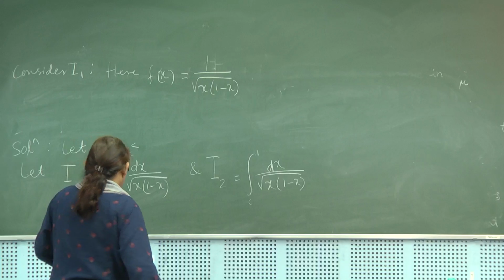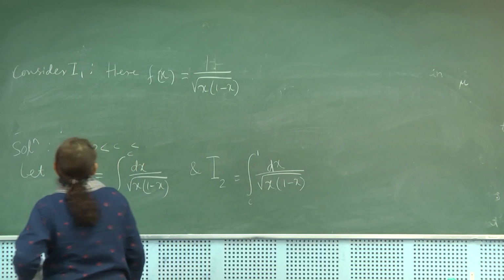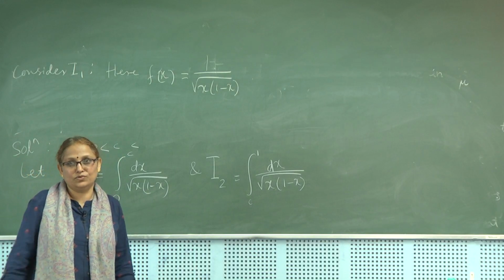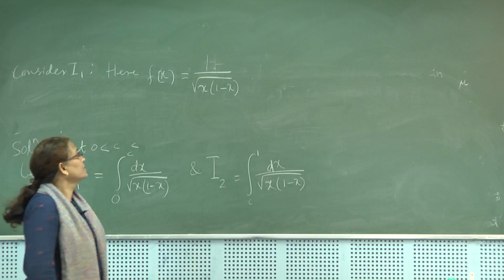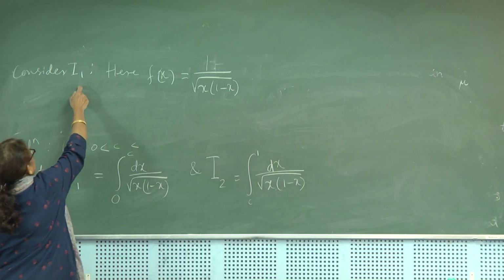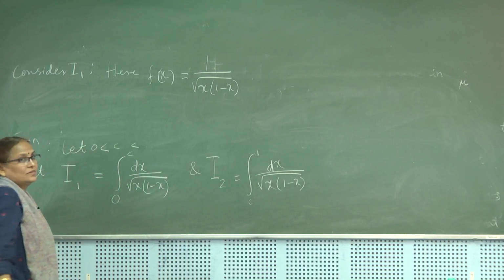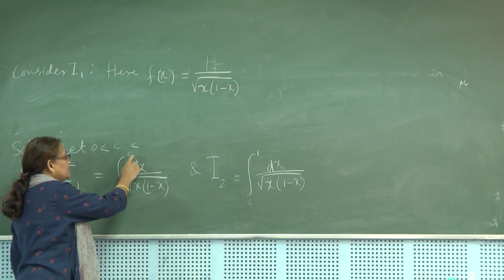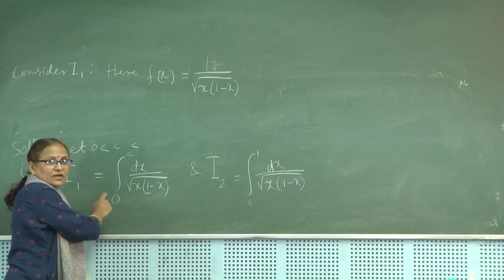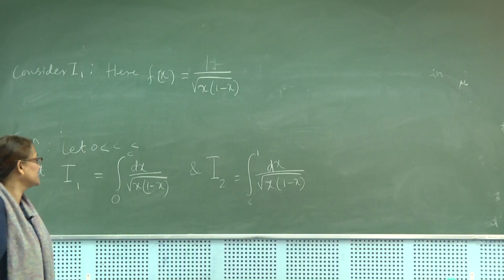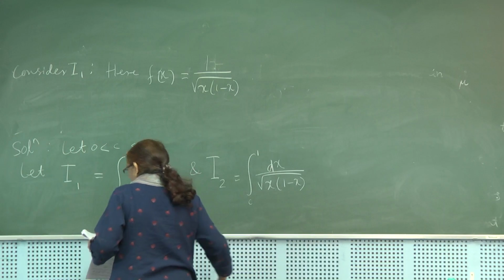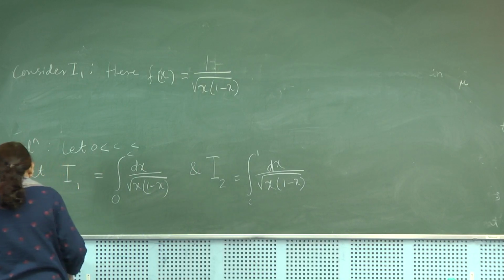So, what values of mu do we consider and multiply by the factor x to the power mu? In this improper integral I1, in the interval 0 to c, the integrand is unbounded only at the lower limit 0. So, therefore, we have to consider this limit.